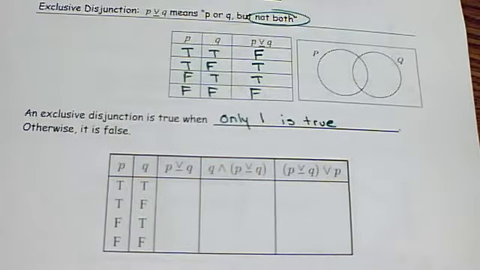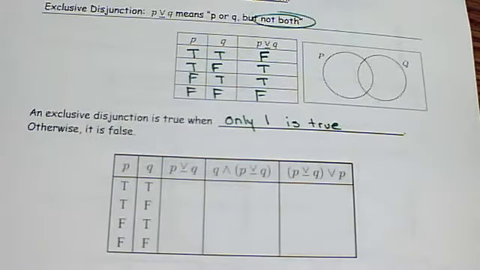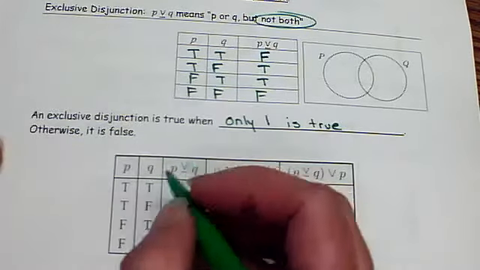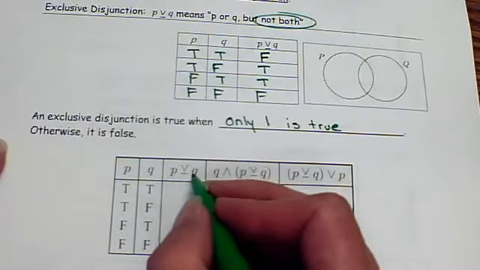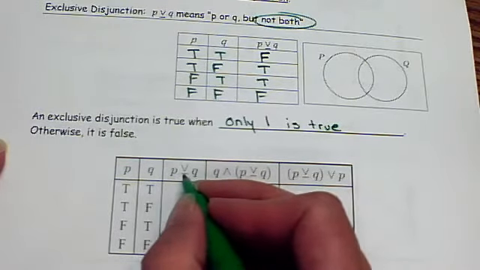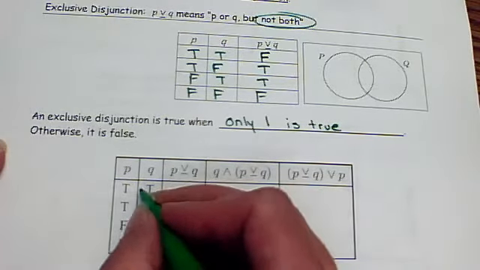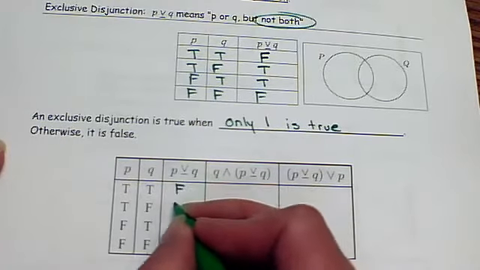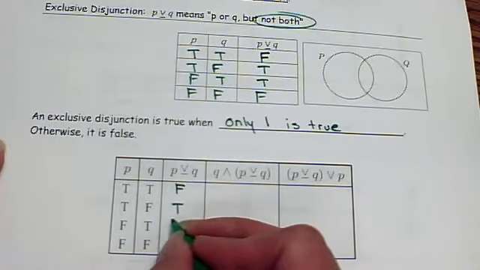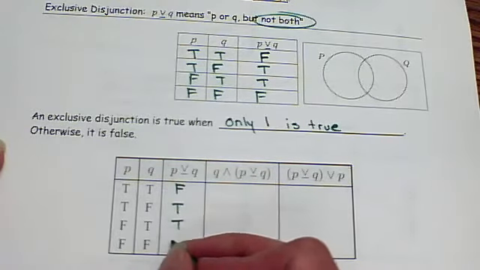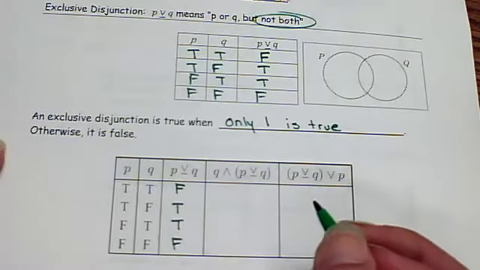All right. Let's do a truth table that combines a lot of this. So we're going to fill in an exclusive disjunction here. P or Q, but not both. So not both. True or false, that's fine. That one's fine. Both of them false is bad.